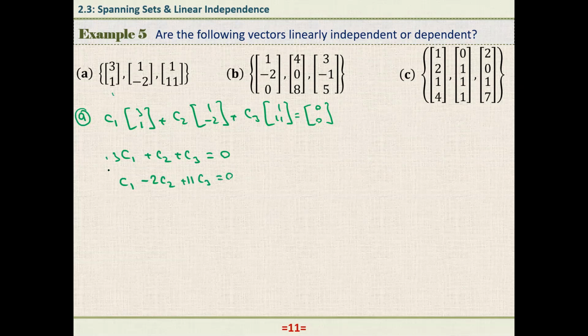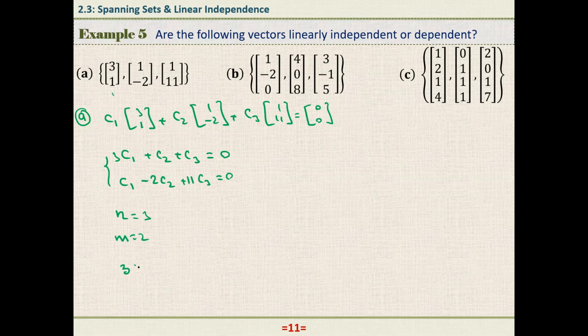And we are sure, if you remember from the previous session, that we are given a system of equations that is homogeneous. How many variables do we have? The number of variables is 3: c1, c2, c3. How many equations? 2 equations. So the number of variables is 3 and the number of equations is 2.